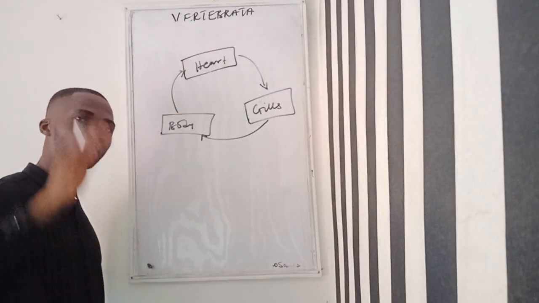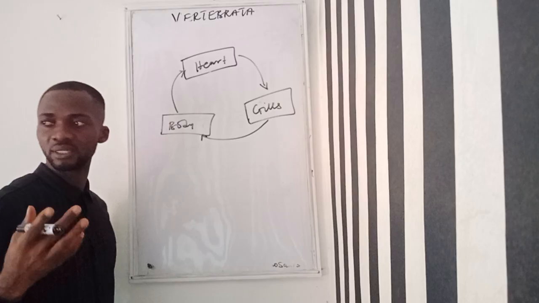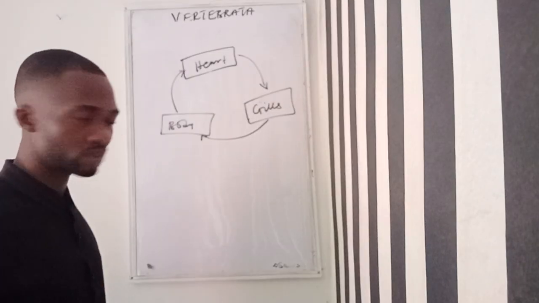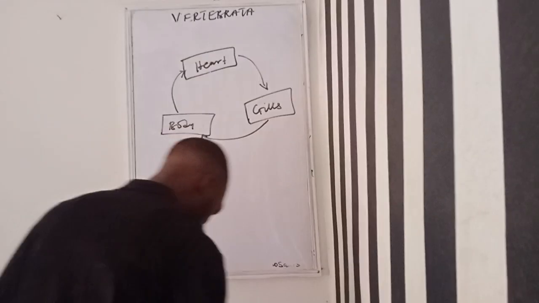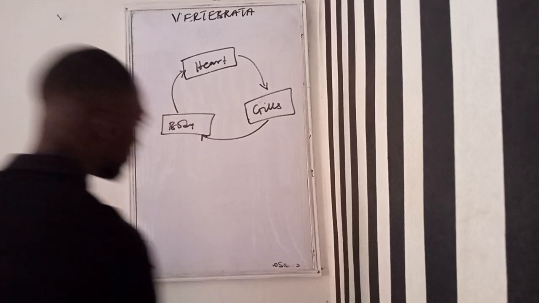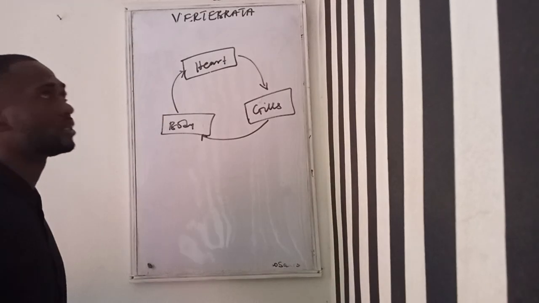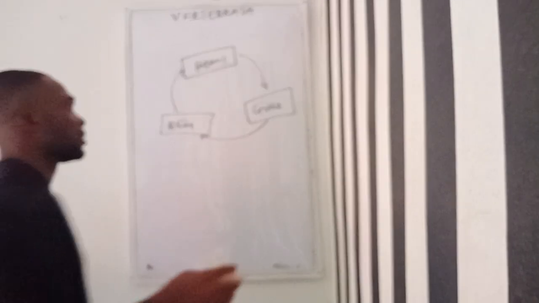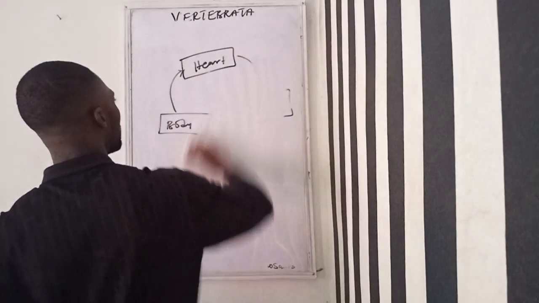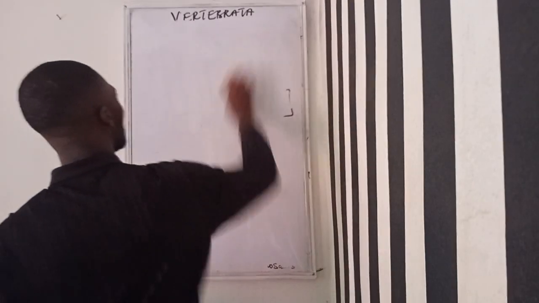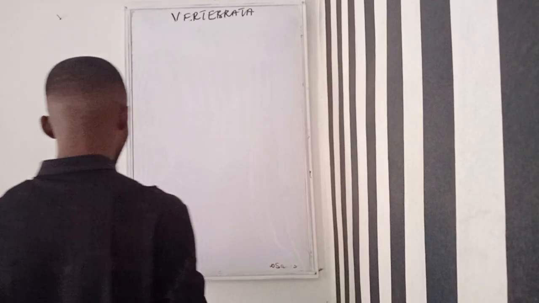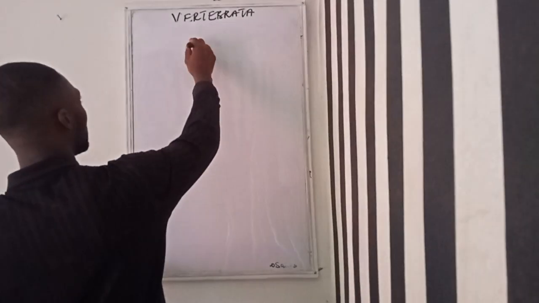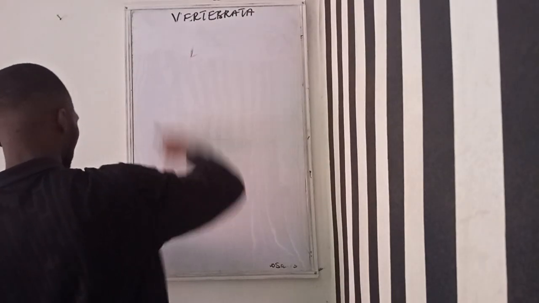It is the heart that pumps it to the gills, where the blood becomes oxygenated again. So this is circulation in fishes. In other vertebrates we have double circulation.